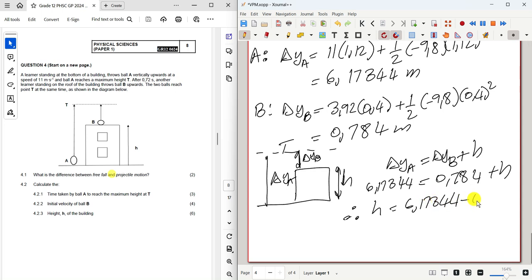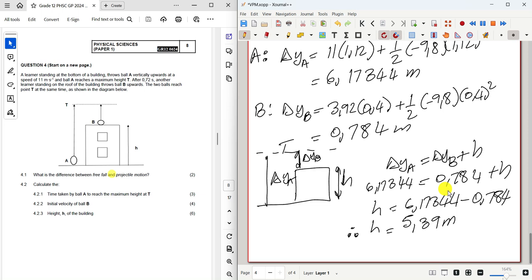6.17344 minus 0.784. I should have said previous answer minus answer. Okay. So what do we get? We get our answer as 5.39 meters.